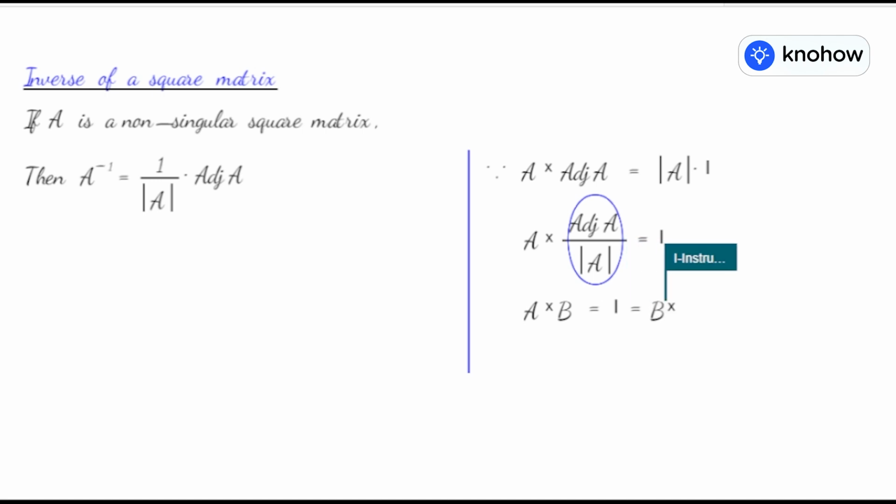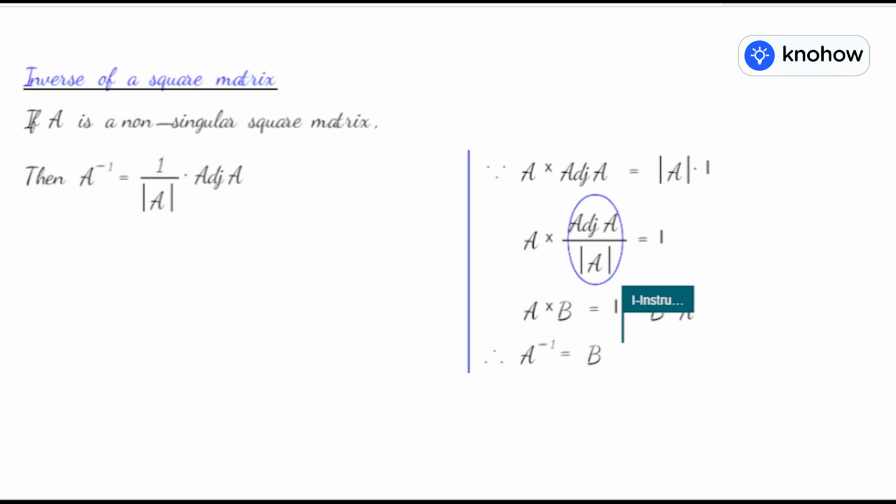That A inverse is B. So what is in place of B here? It is adjoint A by determinant A, because A multiplied by adjoint A divided by determinant A makes you identity matrix. So this is the result, that if you have to find out A inverse, you work out adjoint A and divide by determinant A, which is a number.